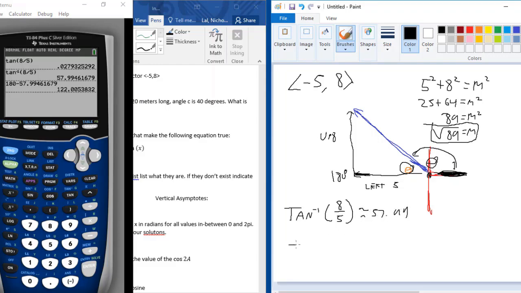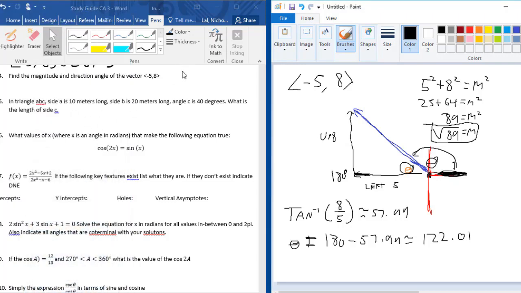So I find my inverse tangent, that's approximately 57.99, but my actual direction is equal to 180 minus 57.99, which is equal to 122.01 approximately. So that's all the work for problem 4.